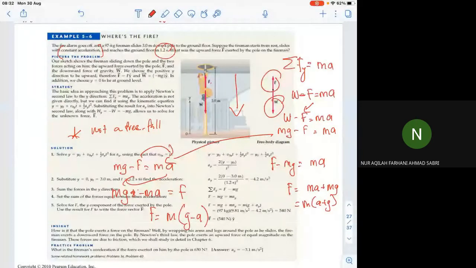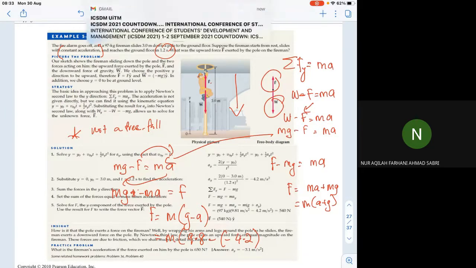But remember, our acceleration is negative. So in my part, m times 9.8 minus minus 4.2. But in this case, if you are using the same concept but using F minus mg, then a will become negative 4.2.